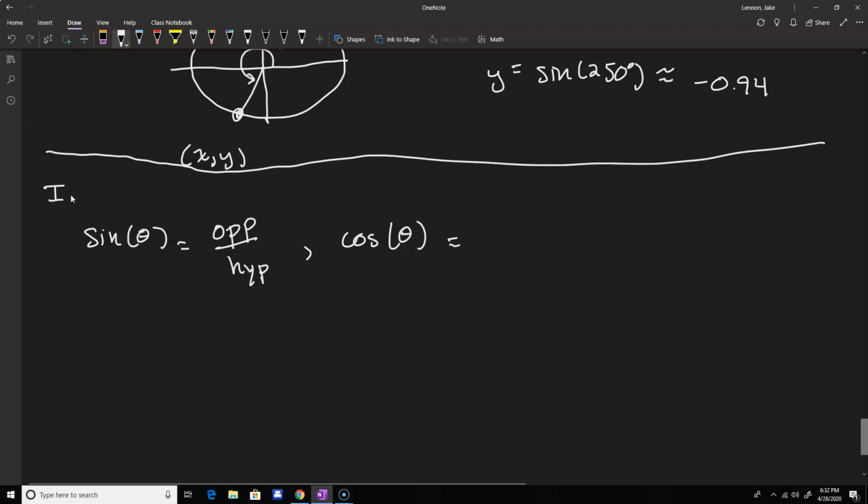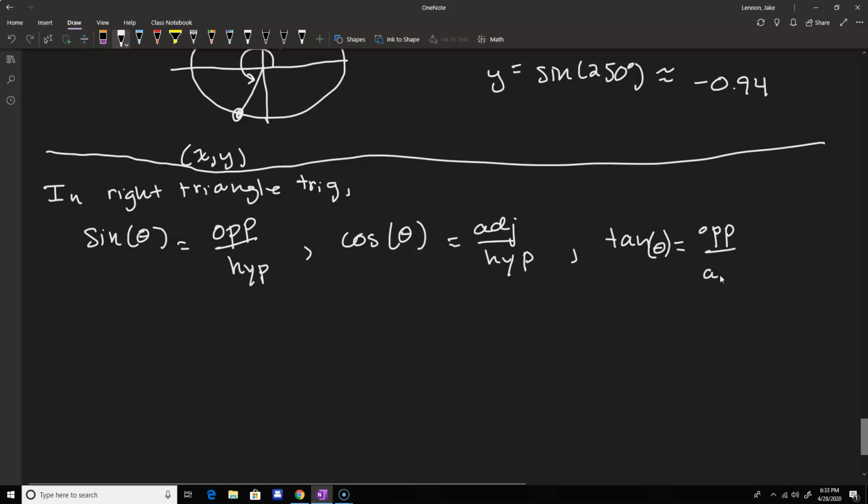So in right triangle trig, we had these definitions: the adjacent over the hypotenuse, and the tangent was the opposite over the adjacent. Well, notice what happens if you do sine of theta over cosine of theta.